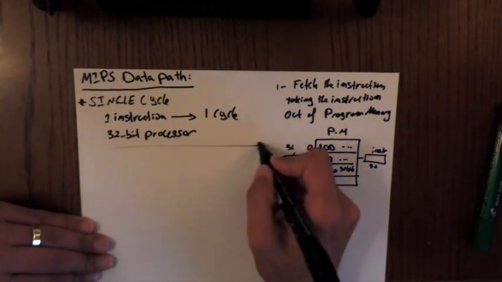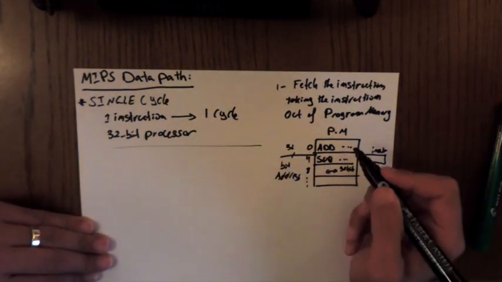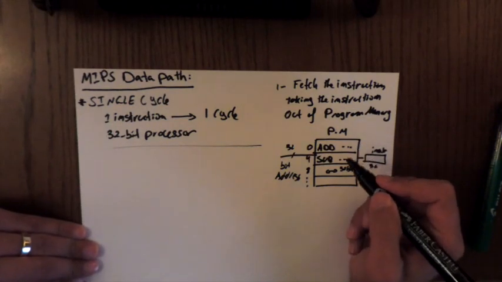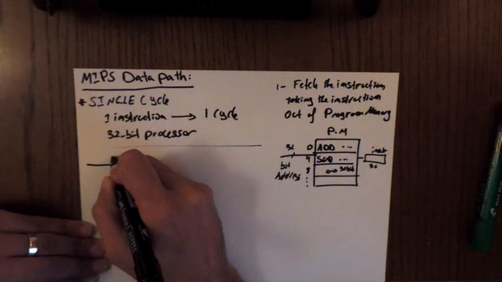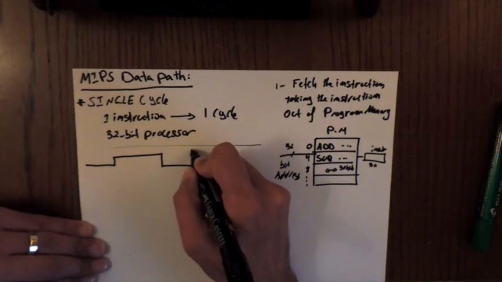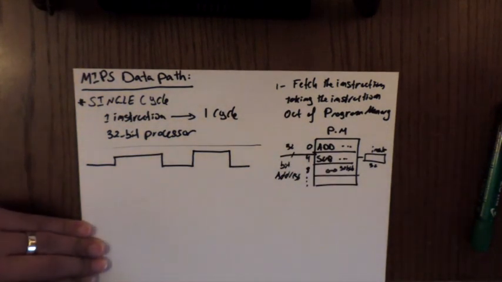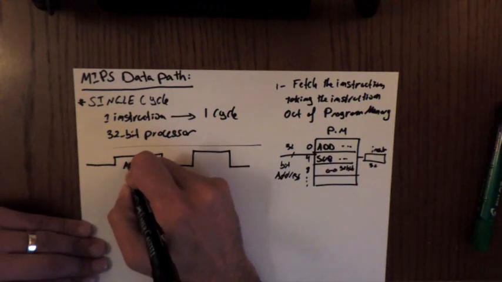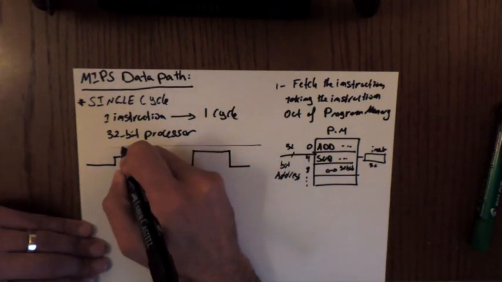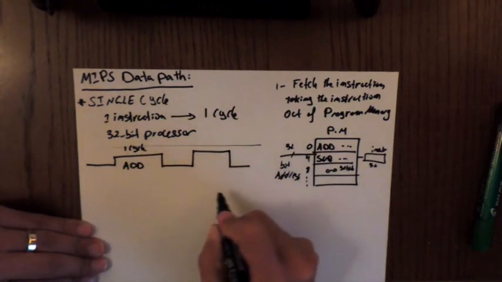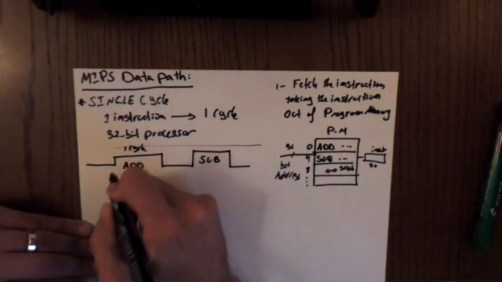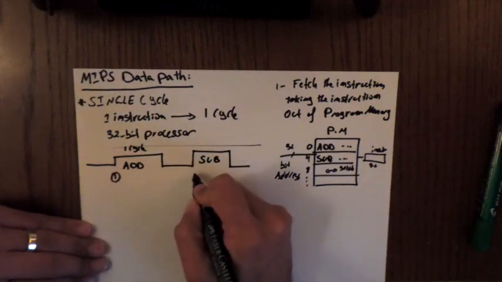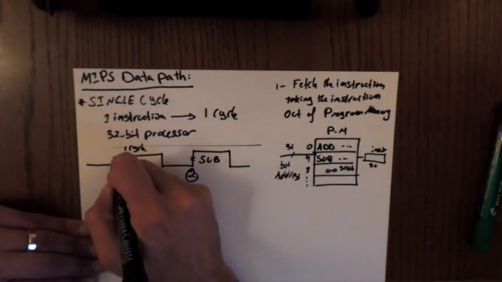So if I want to explain more what I mean by fetching each instruction, I draw a clock cycle. So we have add taking place in one cycle, and of course sub will be taking place in another cycle. So this is cycle 1, this is cycle 2. This is the rising edge.